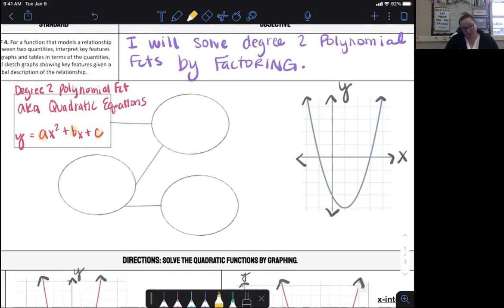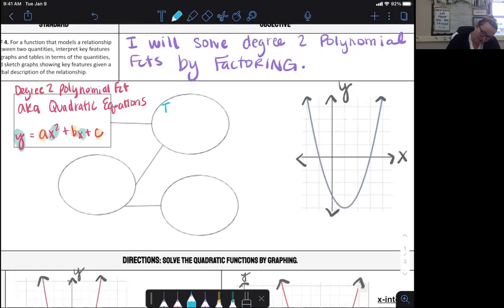And then we have two variables now. Not only do we have our x squared, our x variable, but we also have y. So now we have an equation. Y is equal to ax squared plus bx plus c. So when I talk about solving these types of equations, there's some things that I need you to remember.